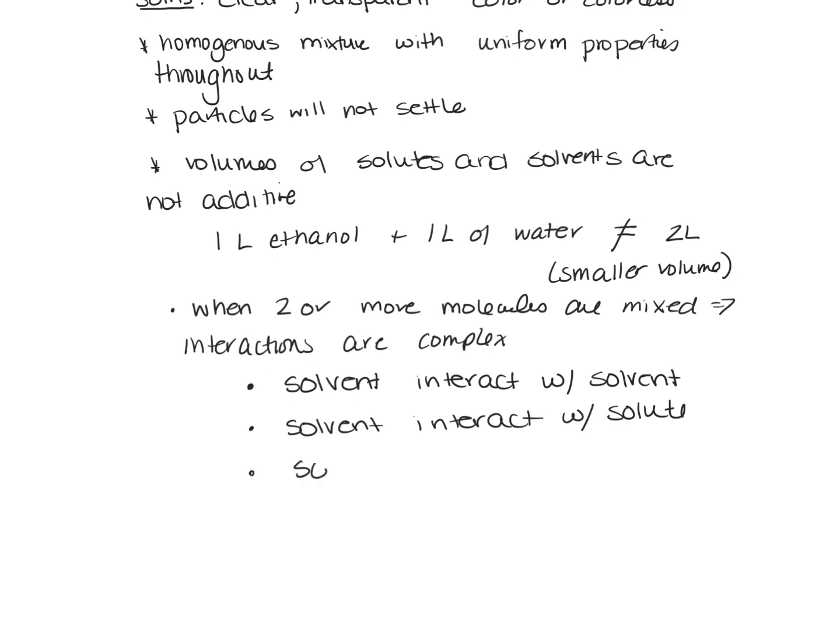And then if you've got more than one solute, the solute molecules can interact with solute molecules. And so the volume is determined by the size of the individual molecules and how they fit together. And so sometimes that's why the volumes aren't additive. Sometimes it can be smaller or larger.